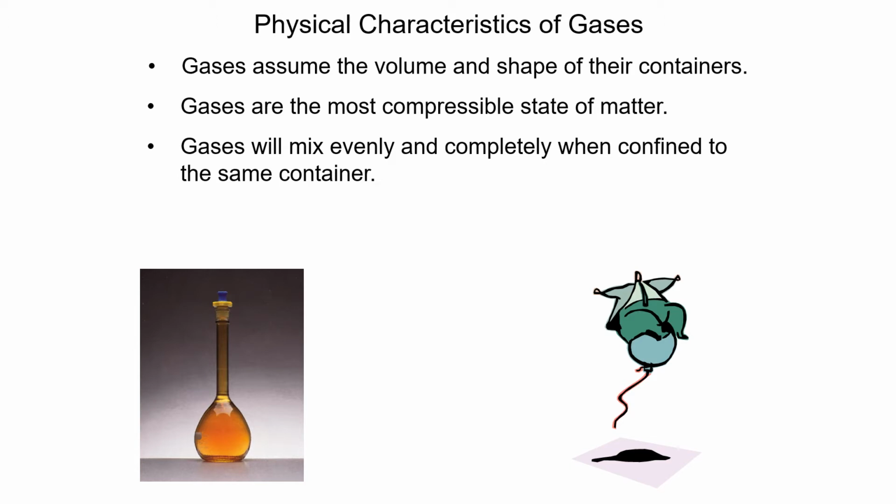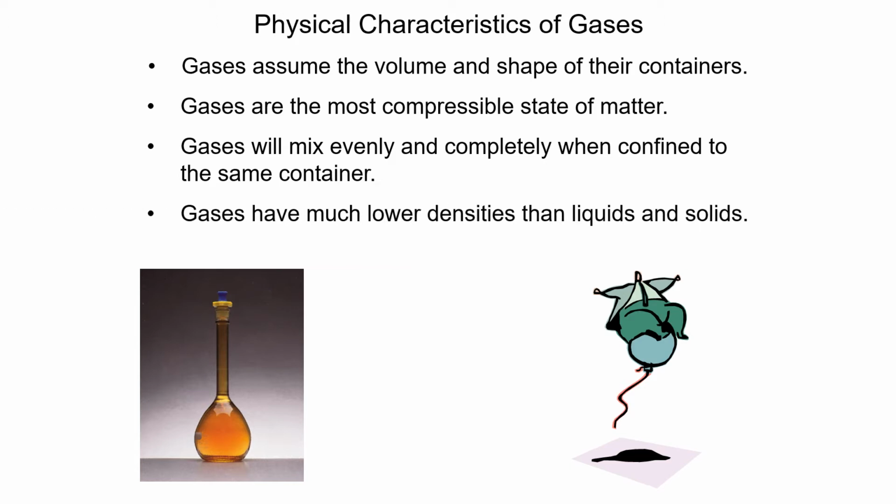And if they are added to a container with another gas, they will completely and evenly mix together. They won't separate themselves from each other. And gases have much lower densities than liquids and solids.